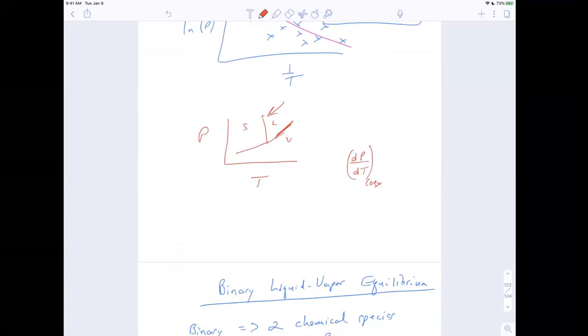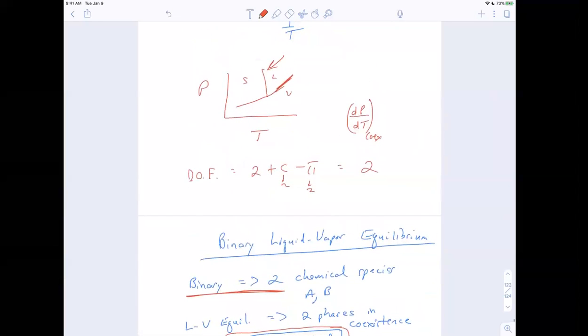And we saw from our analysis of the degrees of freedom for a system like this, the Gibbs phase rule, F equals 2 plus C minus pi, gives us 2 degrees of freedom for a binary system. We have C being 2 and pi being 2. So 2 plus 2 minus 2 is 2. We have 2 degrees of freedom. And we're going to use those 2 degrees of freedom to specify temperature and pressure.